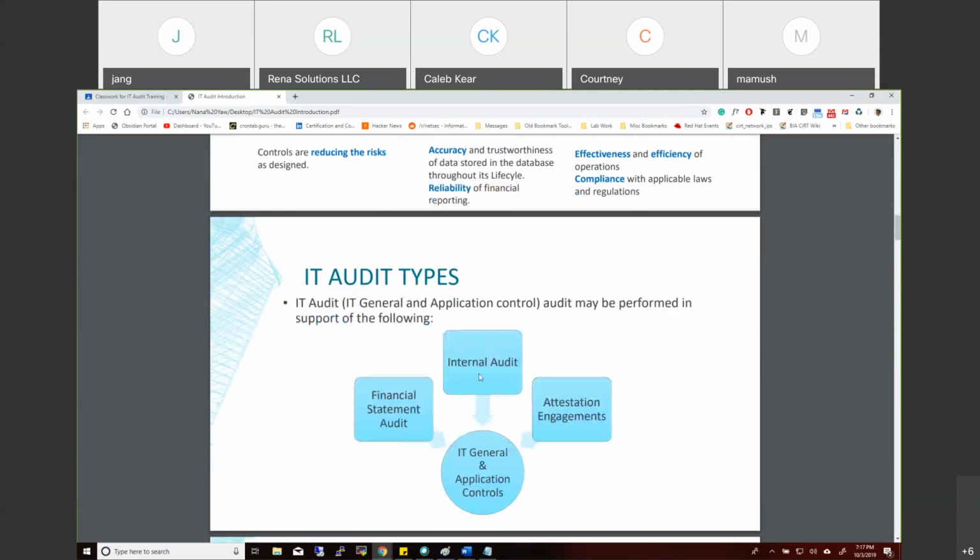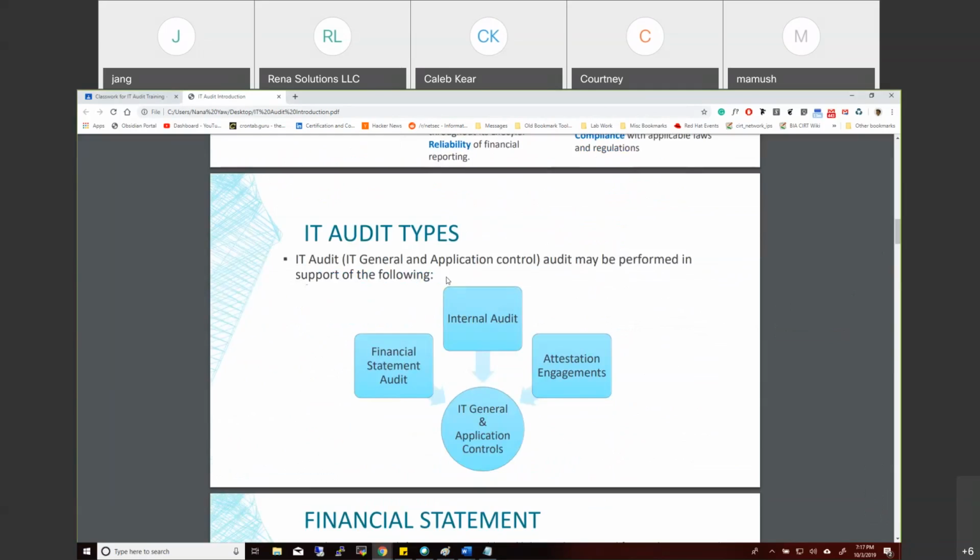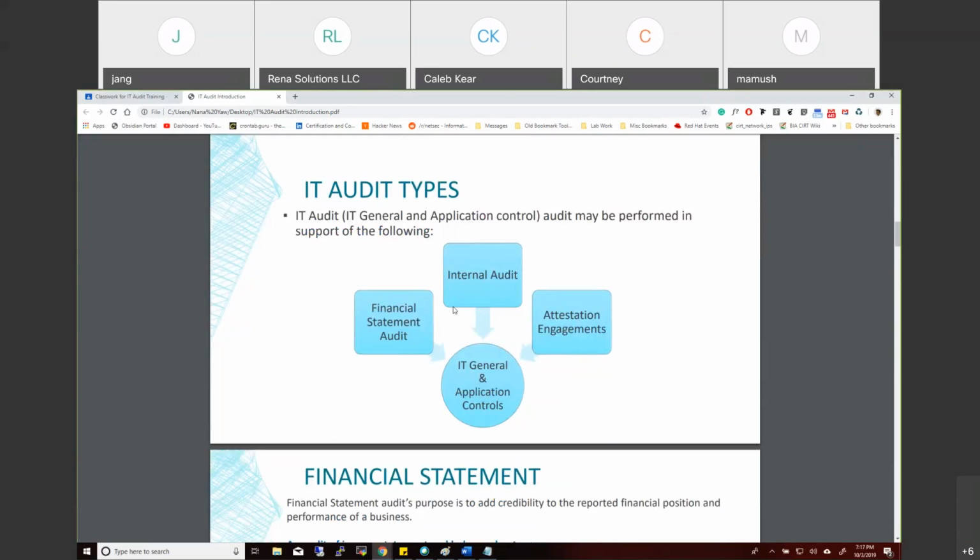Thank you. So, the types of IT audit, okay? There's a difference between the project and the types of IT audit. In the homework, there was a question on what are the types or categories of IT audit.